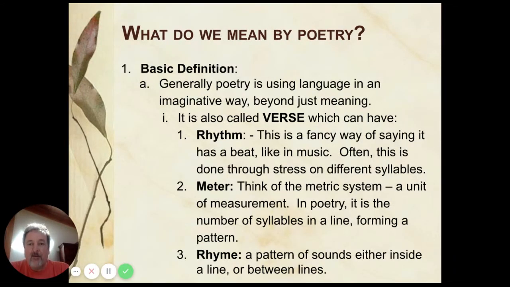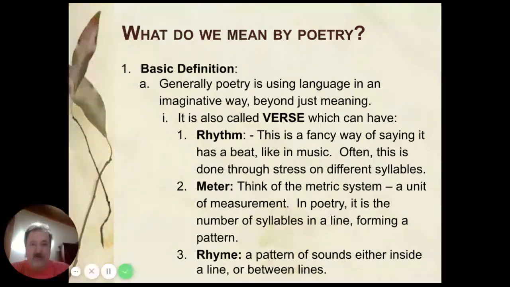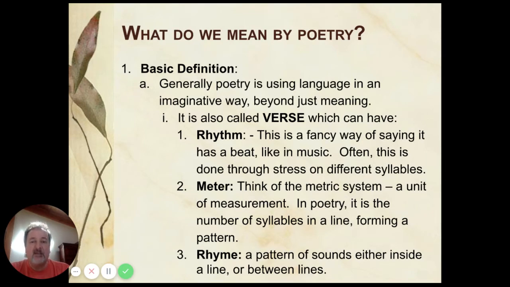And then you have rhyme, and in the case of these things, we're talking about end rhyme, where lines will rhyme with one another. They have the same sound to them. And we'll take this apart bit by bit here. So when we're talking verse, we're talking rhythm, meter, and rhyme. Verse will have some of these parts, or maybe all of them.